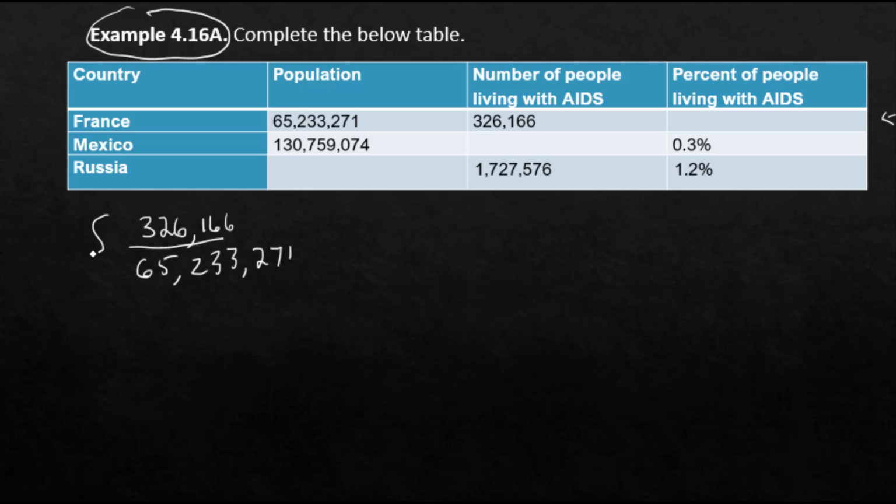So there's our ratio of people living with AIDS. But what we want to do is make a new equivalent ratio with the denominator of 100. So these will be equal ratios, but this will be expressed as a percentage. So we're going to cross multiply and divide, and I think by now you can do that. Why don't you put it on pause, and I will put up the answer.